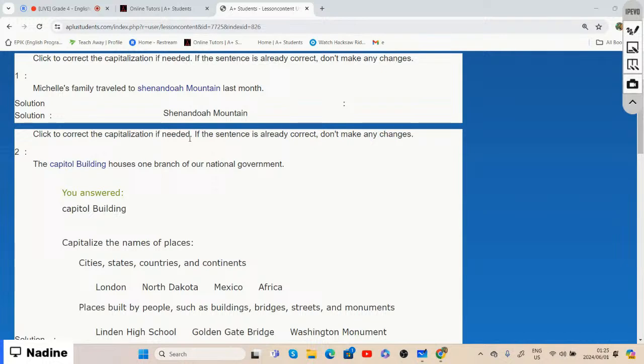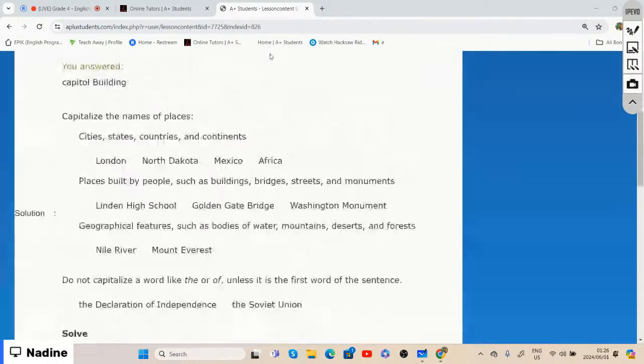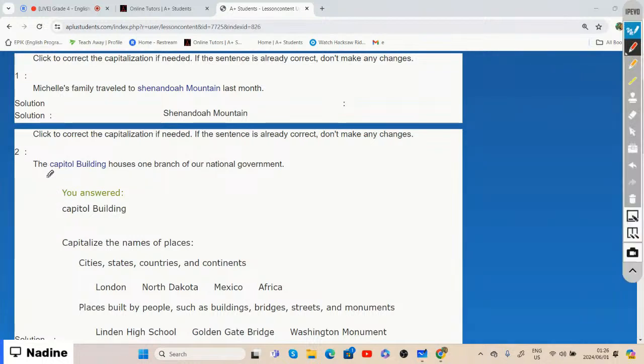All right, so they say we need to click the correct capitalization if needed. So the Capitol building houses one branch of the national government. So if we look at the word that they have underlined or identified, it is Capitol building.